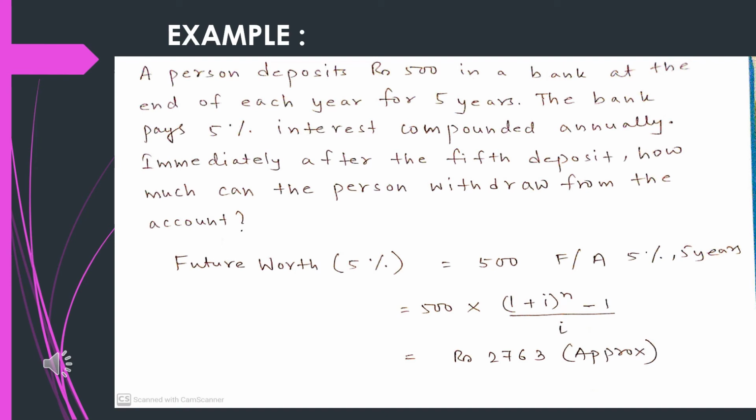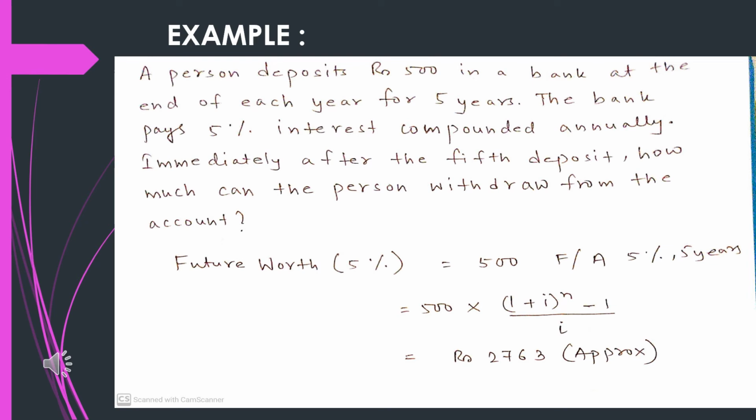Another interesting fact is that it says immediately after the 5th deposit, which practically means at the end of the 5th year, so it transfers into the end of the period.